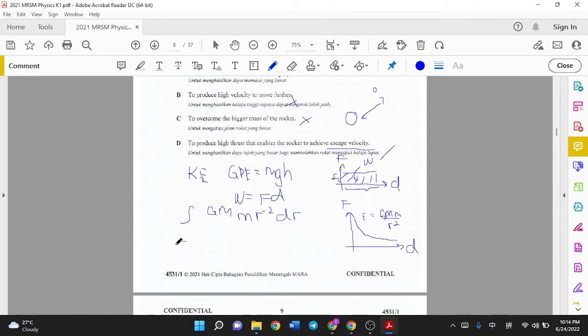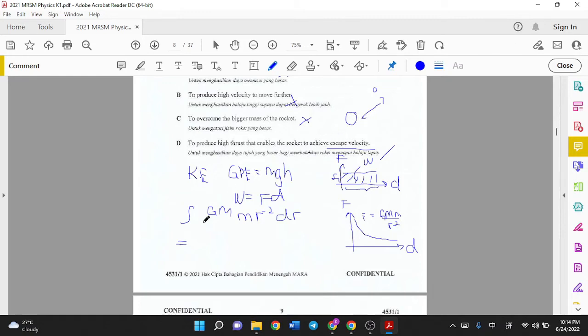Because the definition of gravitational potential energy is the energy required when your object is moved by an external force from infinitely far away to the position where the object is.